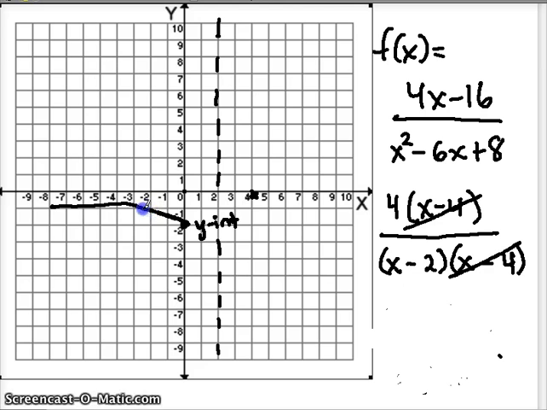So right there, got a slightly curved hyperbola here crossing through my y-intercept and approaching my vertical asymptote but never touching. And in this case, it happens to not cross my horizontal asymptote, although it may sometimes.